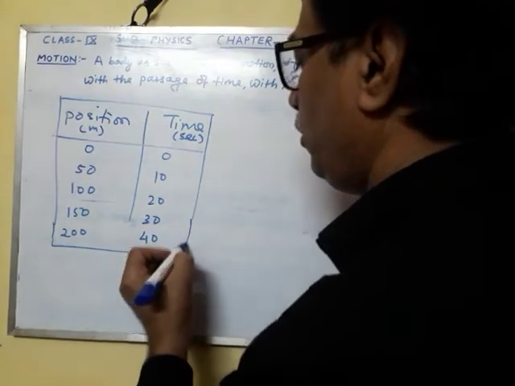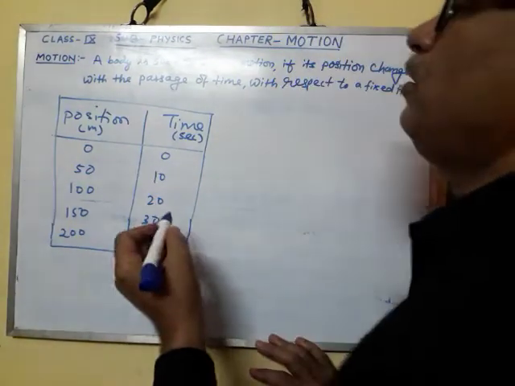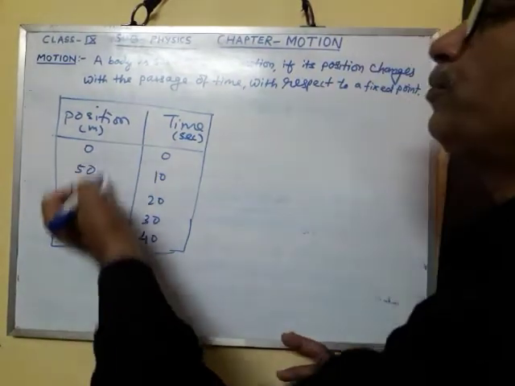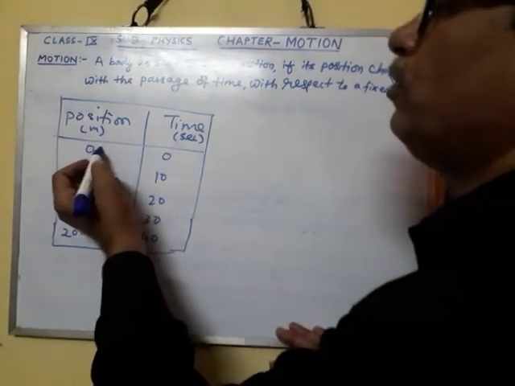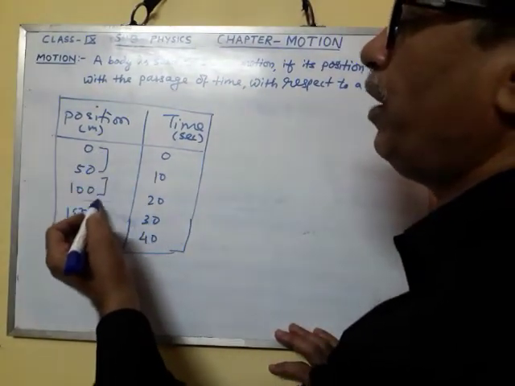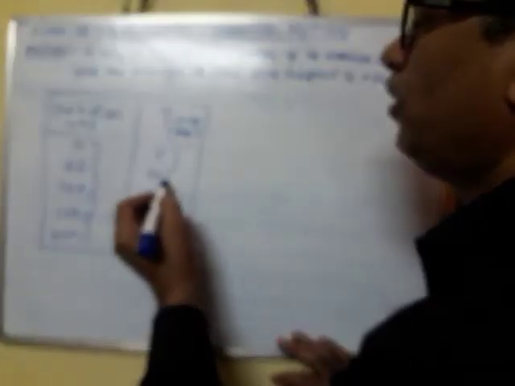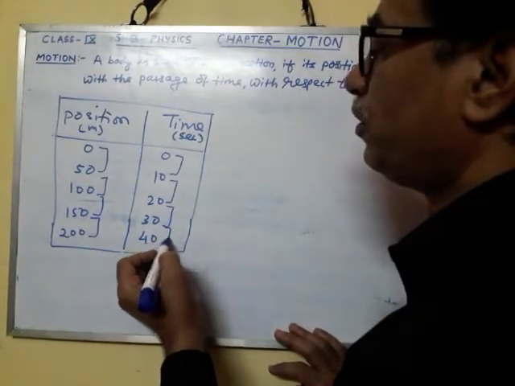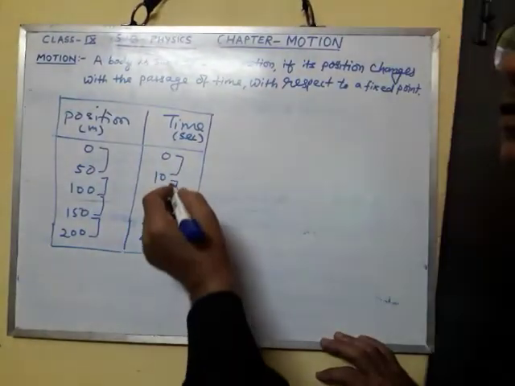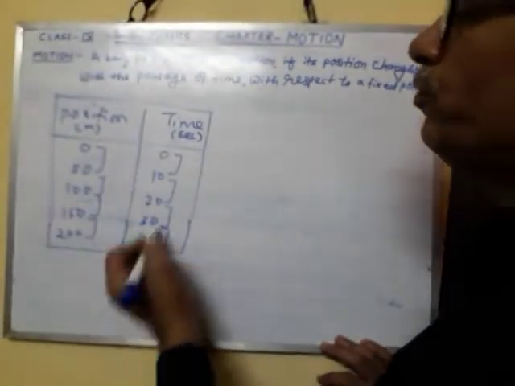Now you see that the change in position of the car is equal for equal time intervals. In each interval of time, the position changed by the car is 50 meters. Therefore, this is an example of uniform motion.